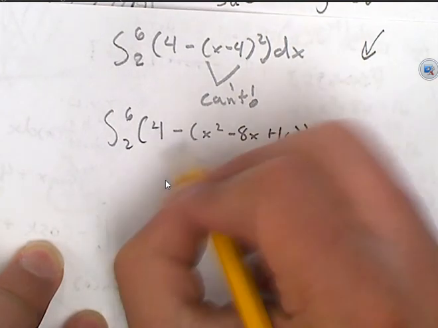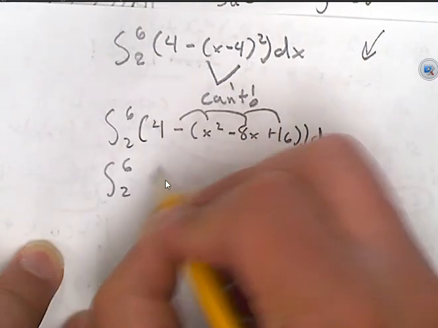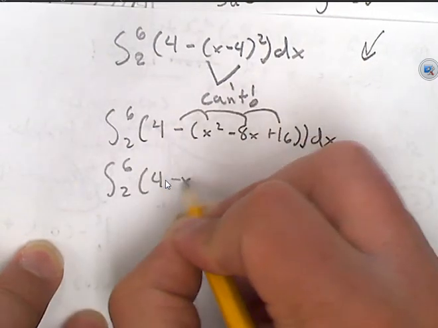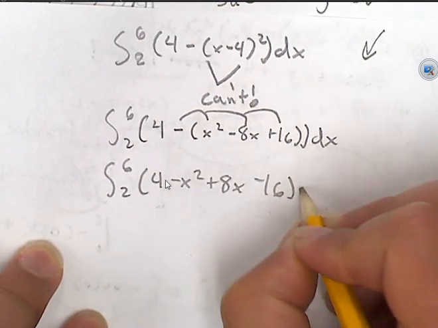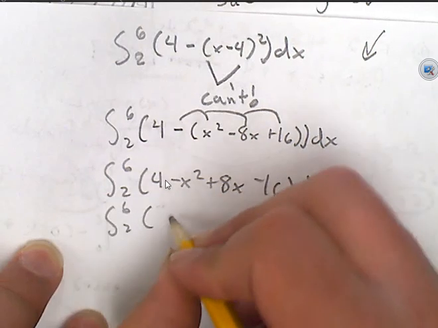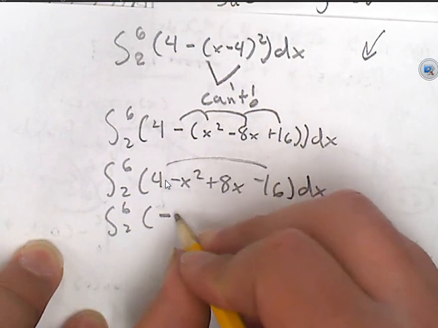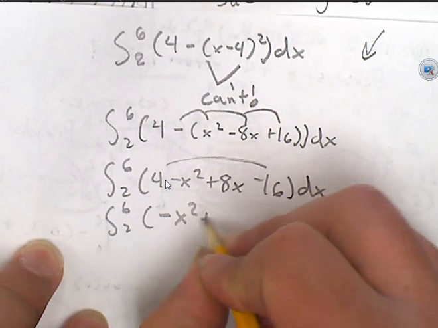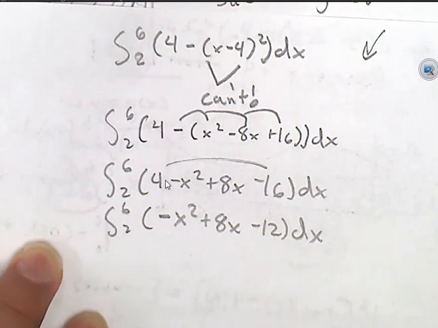Distribute the negative: 4 minus x squared plus 8x minus 16. Combine. 4 and negative 16 make negative 12, so negative x squared plus 8x minus 12. And now I'm ready to integrate.